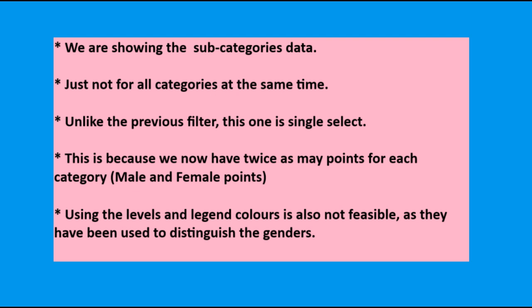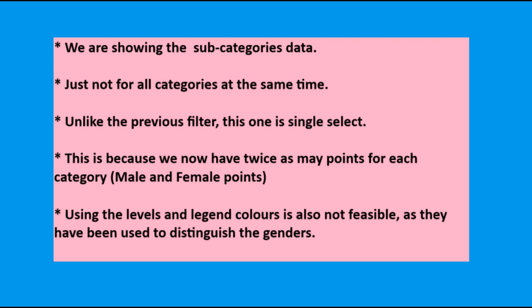We are showing all of the categories data and all of the subcategories, just not all at the same time, because now we have twice as many points for each category. So we now have male and female points.